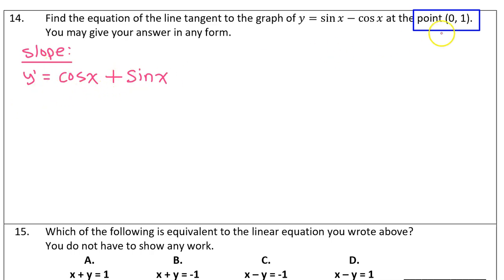The slope at the point 0, 1 is going to be y prime at 0. We are evaluating at the x value of the point of tangency. So that's going to be the cosine of 0 plus the sine of 0.